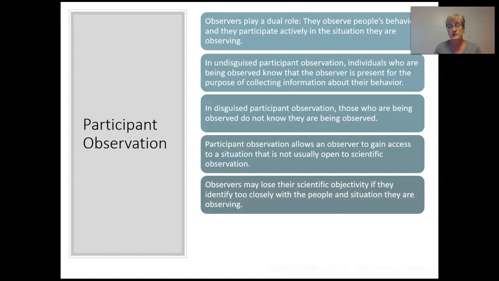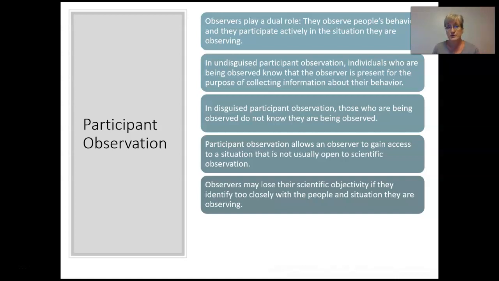Another challenge with participant observation is it can really be a challenge to your objectivity. Any of your biases as an observer are going to be something that you have to fight against, and that's why it's really important for you to go in with a data collection plan that you don't deviate from.